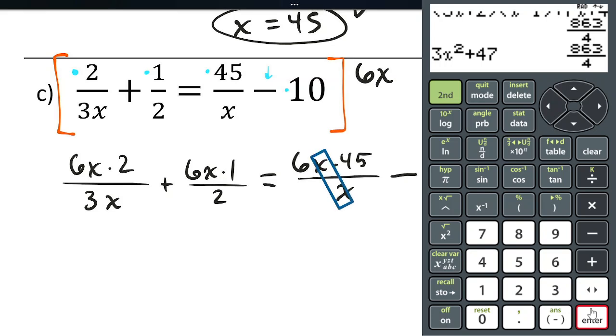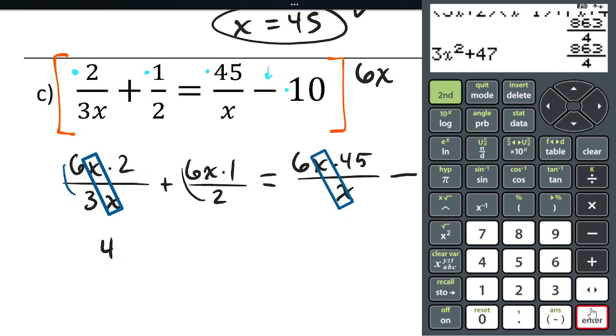The next thing I see is, well, this is an X divided by X. That's going to be gone. And then I can do the 6 divided by 3. 6 divided by 3 is the number 2. So this first part is going to become 2 times 2, which is the number 4. And then after that, I'm going to have the number, let's see, 6 divided by 2 is 3.